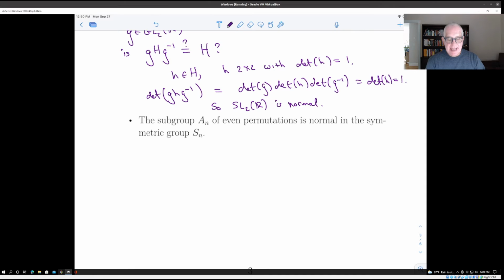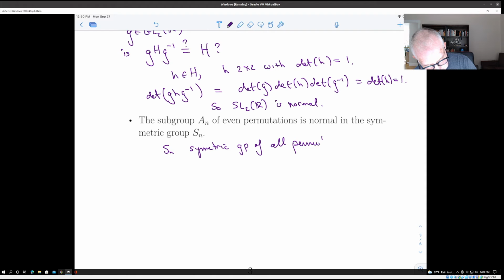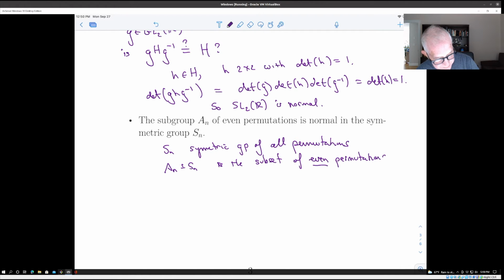What about Sn and An? Remember, Sn is the symmetric group, all permutations, and An inside Sn is the subset of even permutations. We claim that this is a normal subgroup.